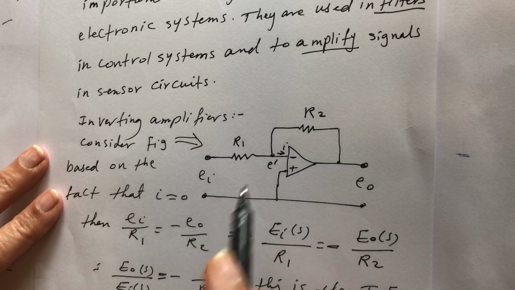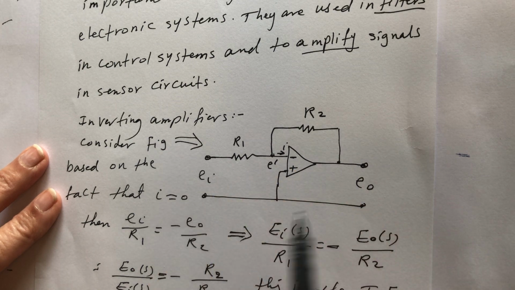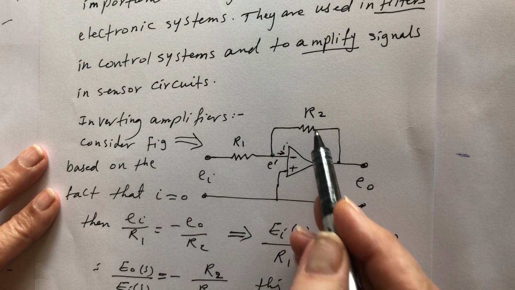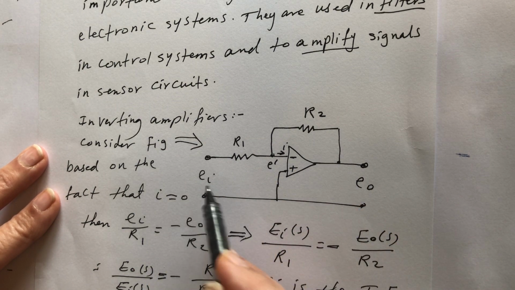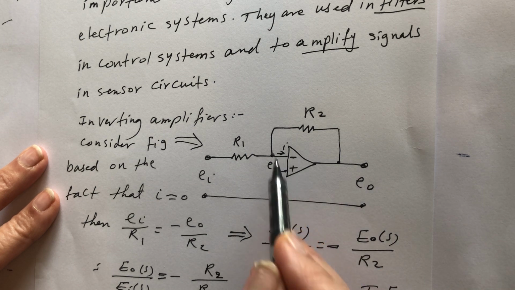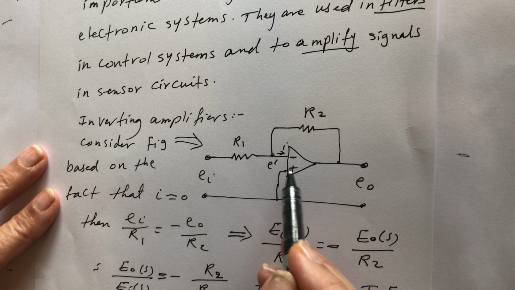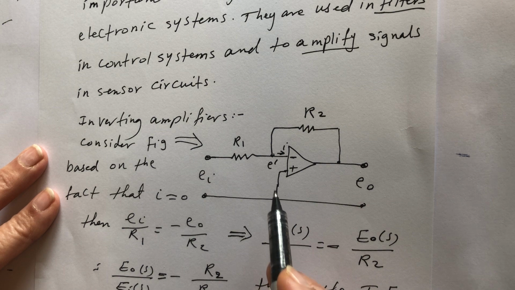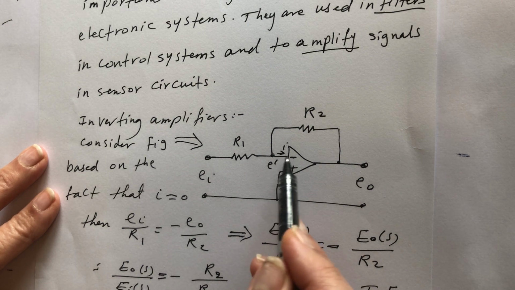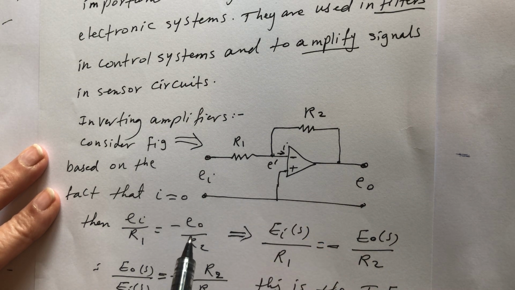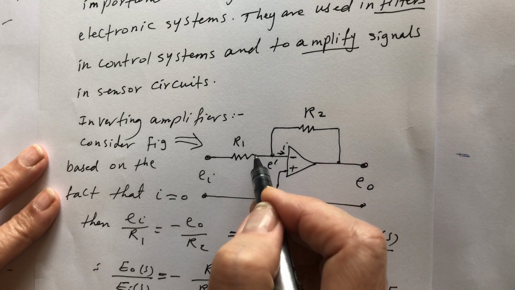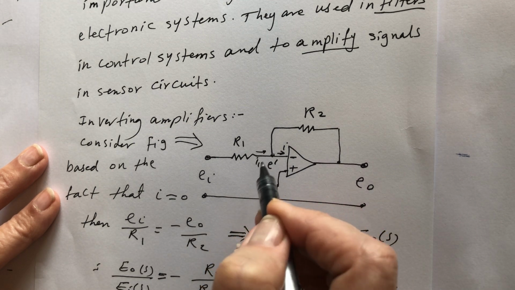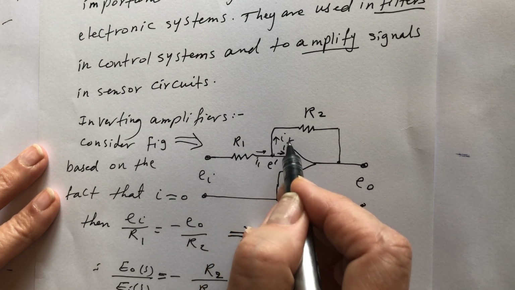So, remember this typical amplifier that has at the output R2 and at the input R1. This is E in, this is E out. And remember that the input impedance or the gain of this amplifier is very, very high, so that the current here is almost zero, so that I1 here equals I2 here, okay?